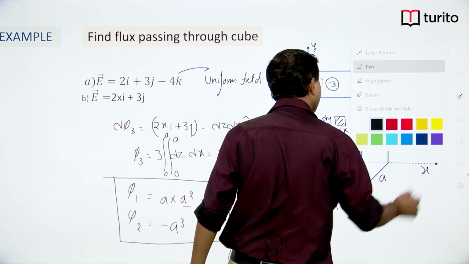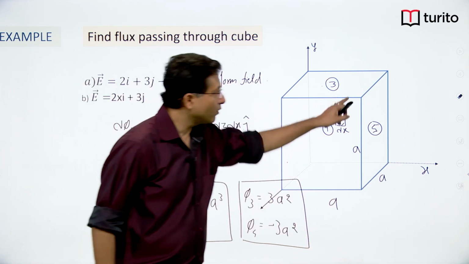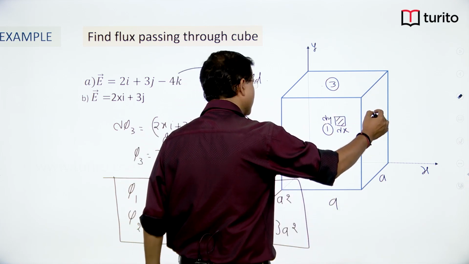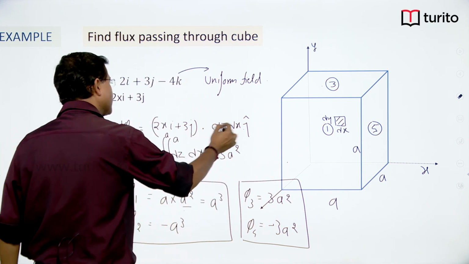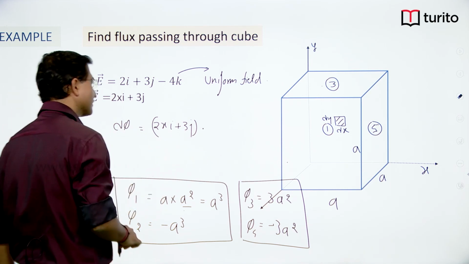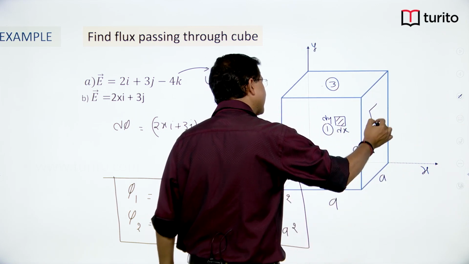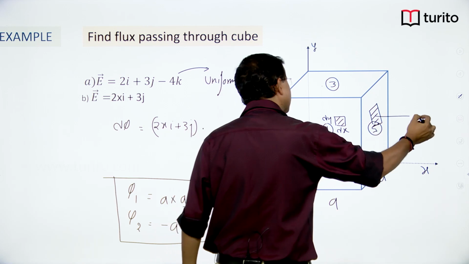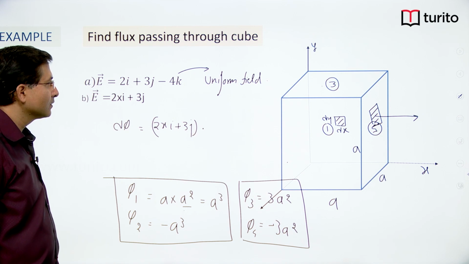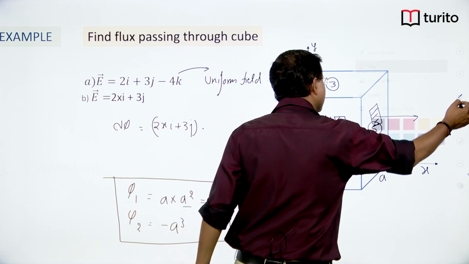For the fifth surface, you can see, first I will remove this and this because it is not required now. So, the area vector will be something like this and the direction towards i cap, right.